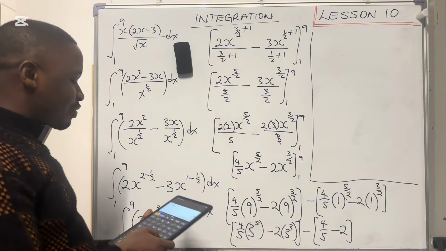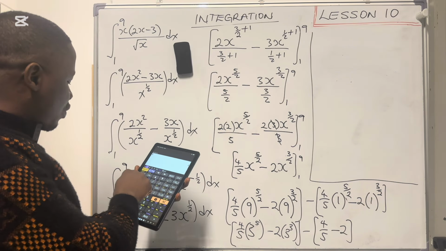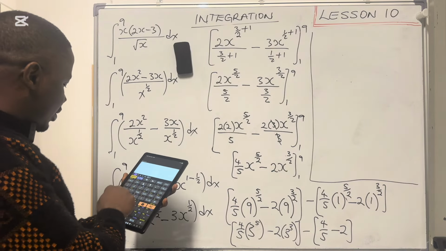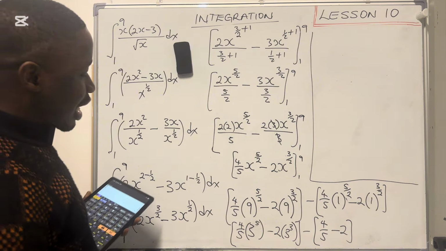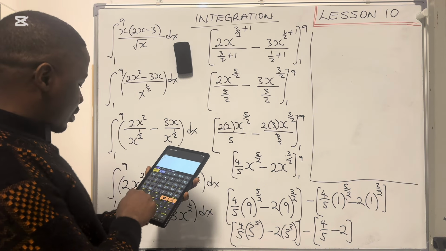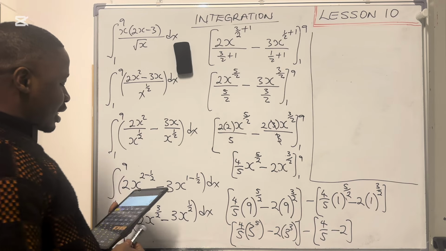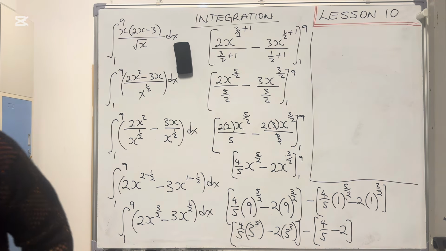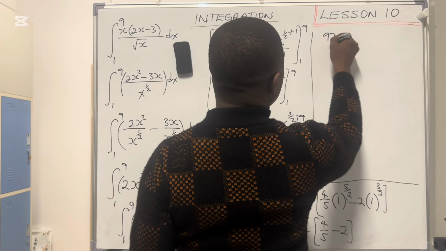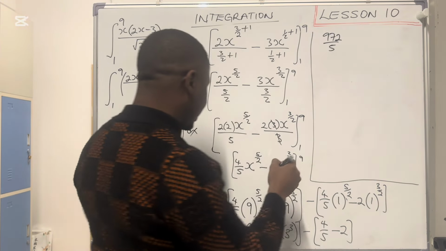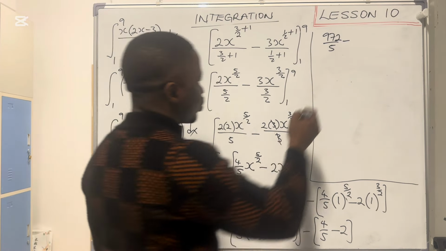So that we don't spend more time. 4 divided by 5, I multiply by 3 to the power 5. Yes. 972 over 5. 972 over 5 minus 3 cube is 27. 27 times 2 is 54.